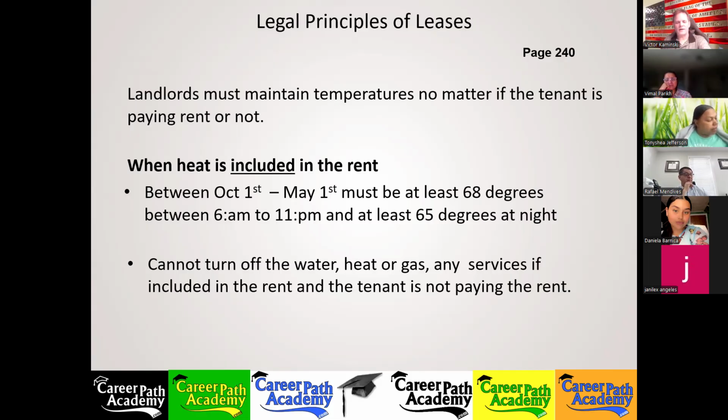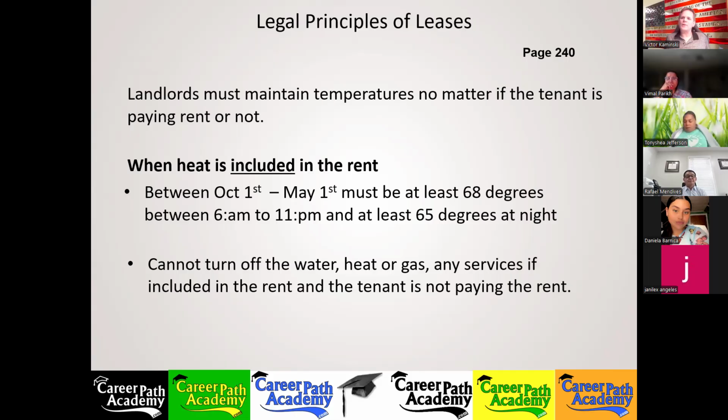You're better off getting different meters for each unit, and the tenant is responsible for paying their own heat and hot water and such. But landlords that don't get those utilities separated are paying for everybody, because maybe they have one big furnace or boiler for everything.